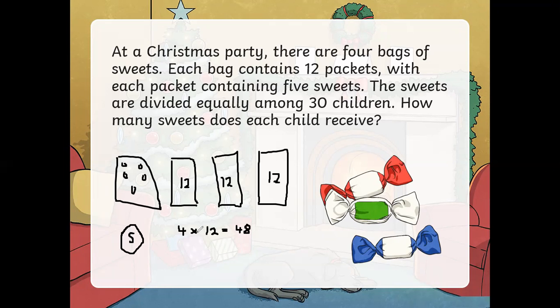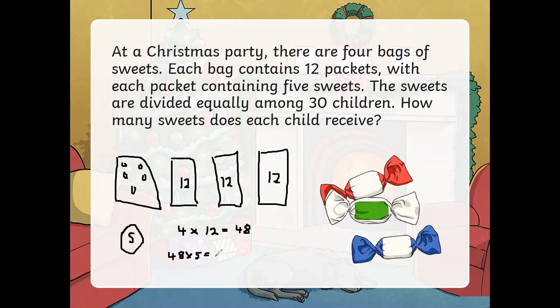And then, so that is the total number of packets, and then to find the total number of sweets, we times the number of packets by the number of sweets in a packet. So 48 times 5.